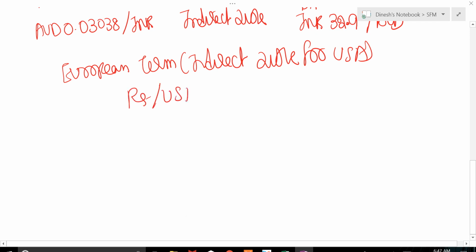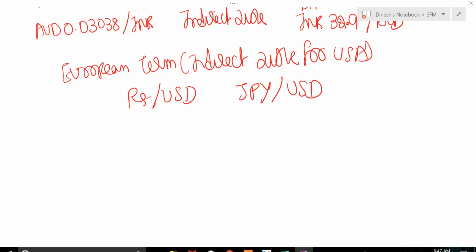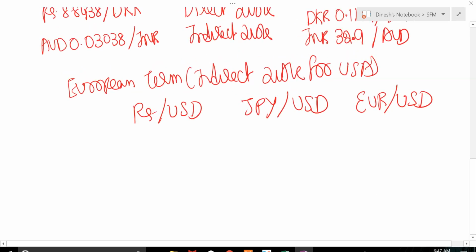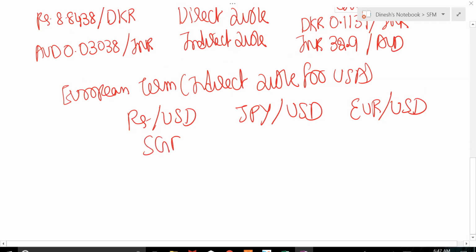So any country you go, you get a quote like this only. Rupees per US dollar, this is India. Japan is yen per US dollar. You go to any European country, they'll say euro per USD. You go to Singapore, they'll say Singapore dollar per USD, except for one currency, which is GBP.